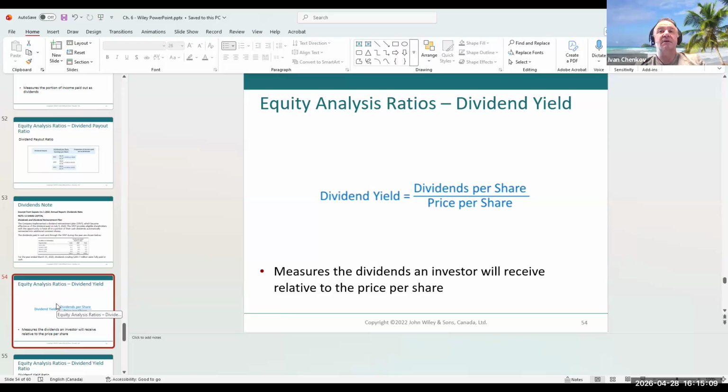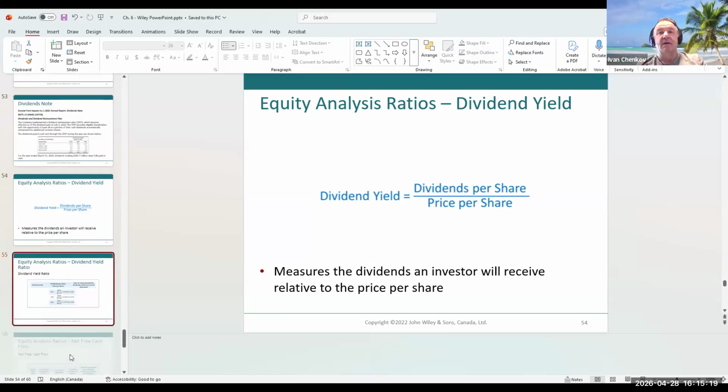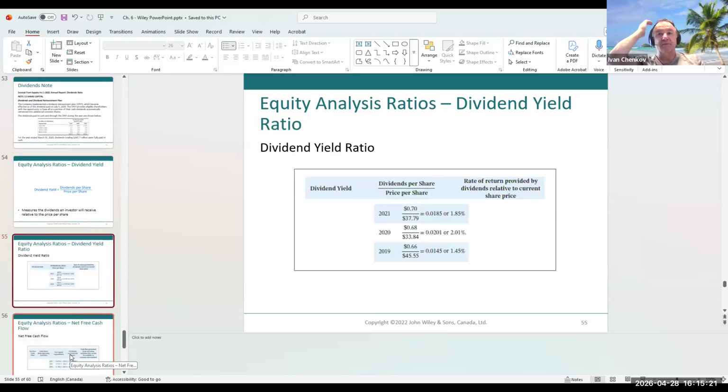That will be the dividend yield. That will be the dividend per share divided by price per share. Which price per share? That will be the market price per share. So basically, that's going to tell you how the payment of the dividend reflects the market price and what's the dividend yield in this case.